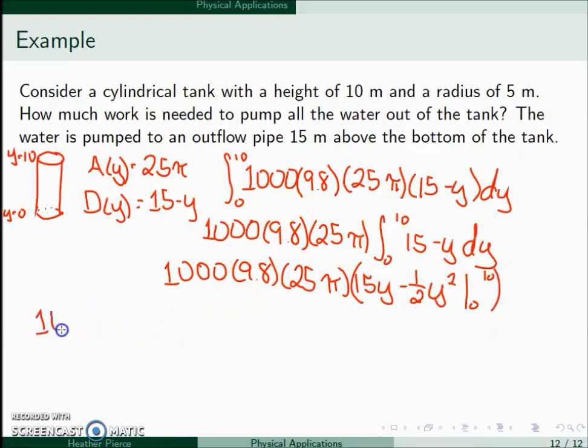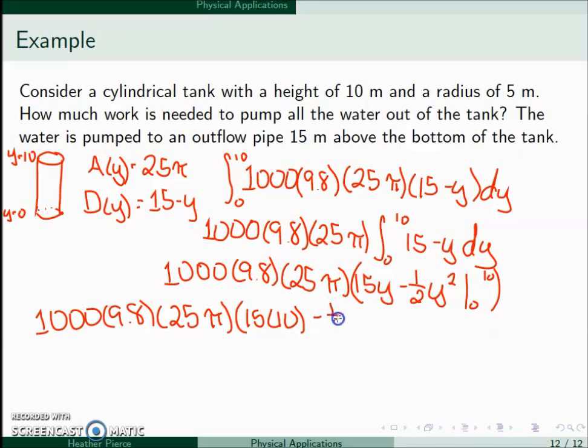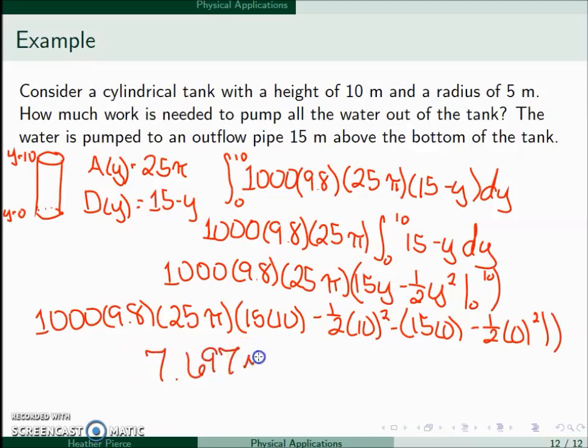So when we substitute this in, 1,000 times 9.8 times 25 pi times 15 times 10 minus 1/2 10 squared minus 15 times 0 minus 1/2 0 squared. And this gives us 7.697 times 10 to the 7th.